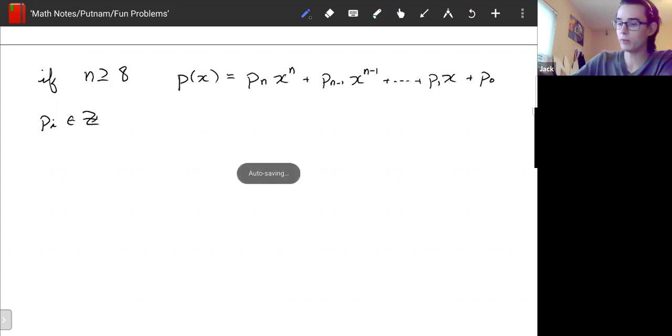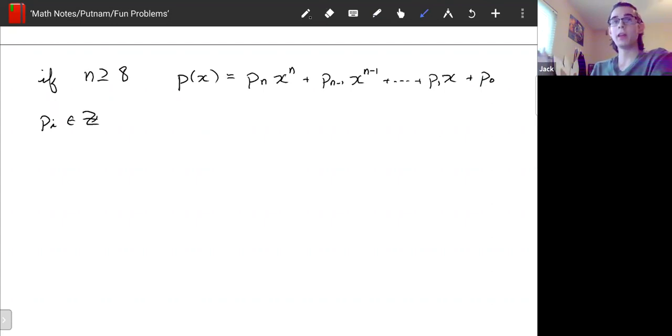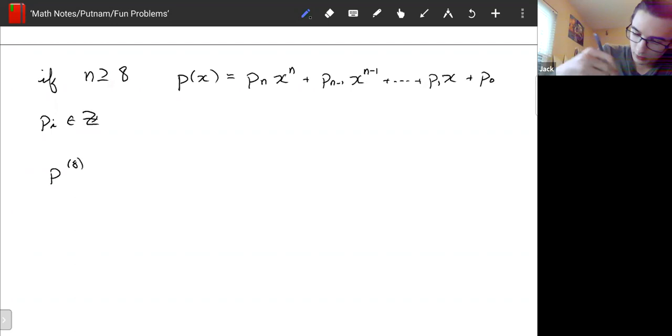And remember that in this case, we have that n is greater than or equal to 8. So this is a polynomial with at least 8th degree. It could be bigger, it could be 10th degree. So let's try and just take the 8th derivative of this and see what we get. Actually first, before I do that, let me rewrite this polynomial in a way that's a bit easier to work with notationally.